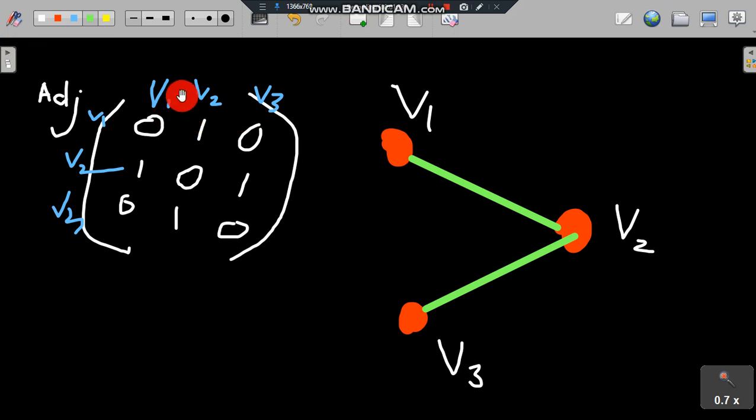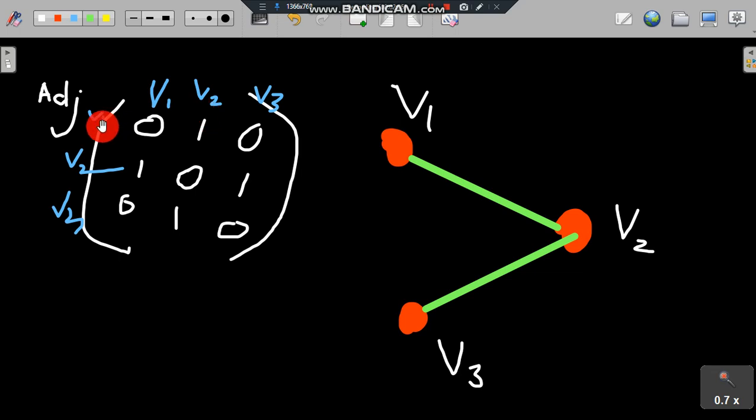Now, here this column I am representing by V1, this column I am representing by the second vertex, and this column I am representing by the third vertex V3. Similarly, V1 for this row, V2 vertex for this row, and the last vertex is V3.